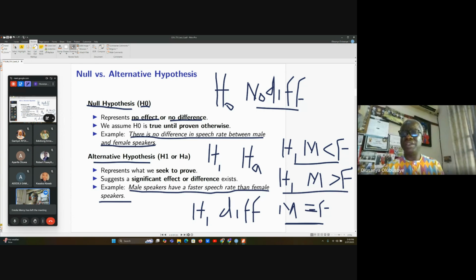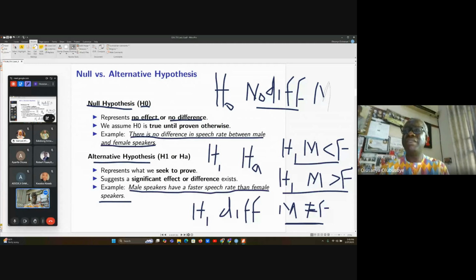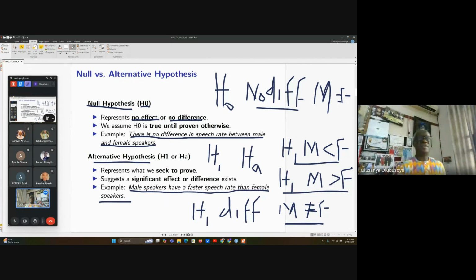Sorry, this one actually is not no difference. Difference means male is different from female, but no difference means male is the same as female. So this is no difference: male is the same as female. The alternative could be either of these three.